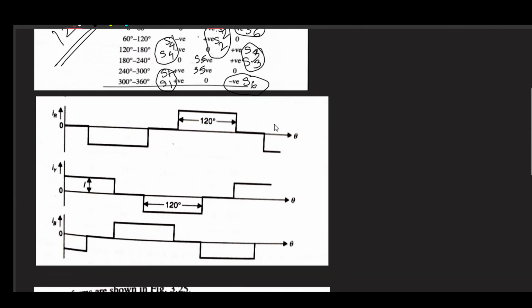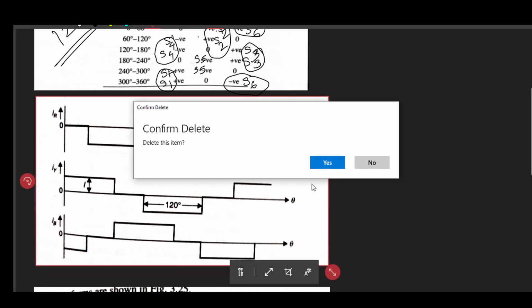In a span of 360 degree, you will find all of them have got a chance to conduct for 120 degree. So just like that 120 degree inverter, it is 120 degree conduction mode. And so here we are getting this kind of current, that is for 180 degree pole arc and 120 degree current mode.